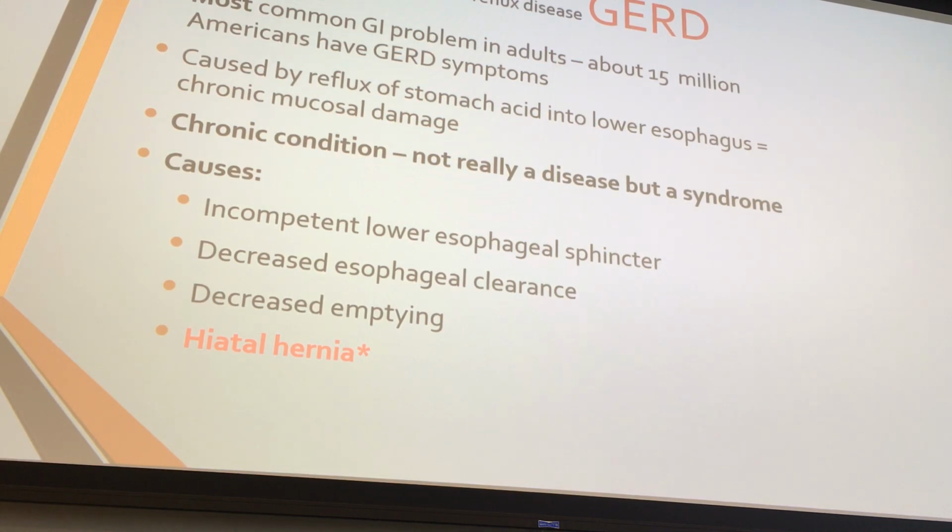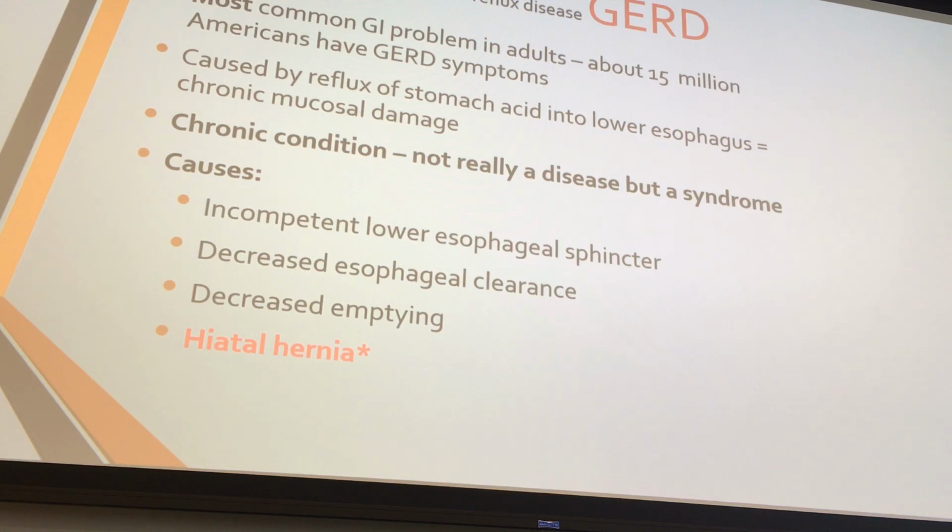It's a chronic condition. A lot of folks have it. Basically, you have that regurgitation of the acid going up into the esophagus from the stomach, and it causes mucosal damage, okay? It's not really a disease, just a chronic condition. The big thing that you recognize is that there's various causes, okay?